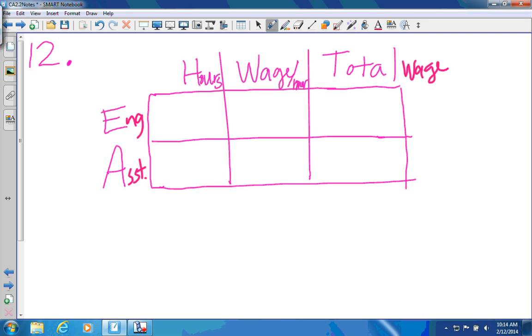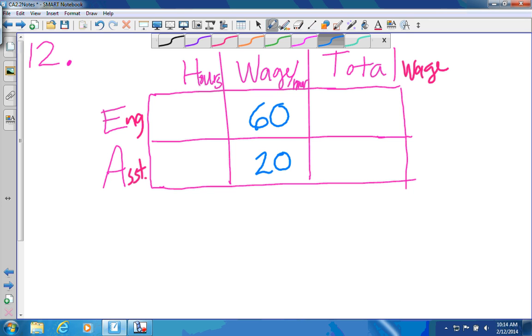So, okay, let's go to the wage first then. So the engineer had what? 60. And the assistant 20. Okay, then what about how much time they worked? Okay, the assistant worked 5 hours less than the engineer.